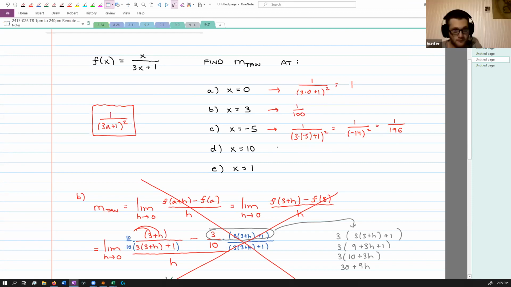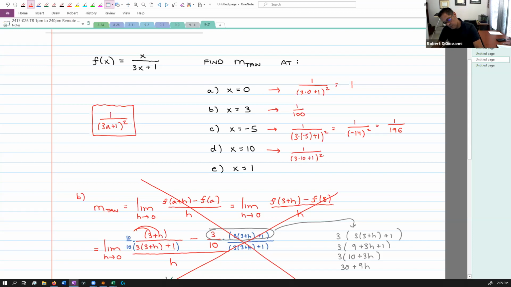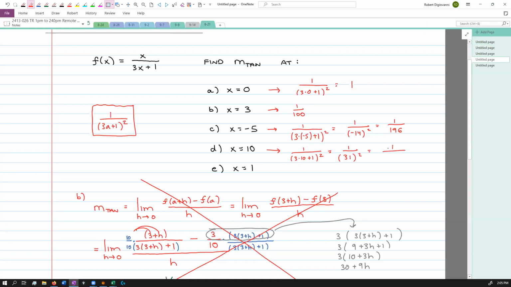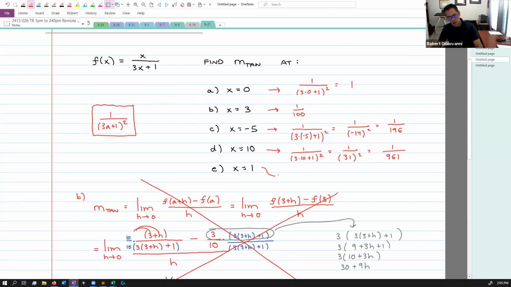This one's going to be a very, very shallow slope. 1 over 3 times 10 plus 1 squared. So this is 1/31 squared. 1 over big number, 961. And then at 1, we should just get 1/16.